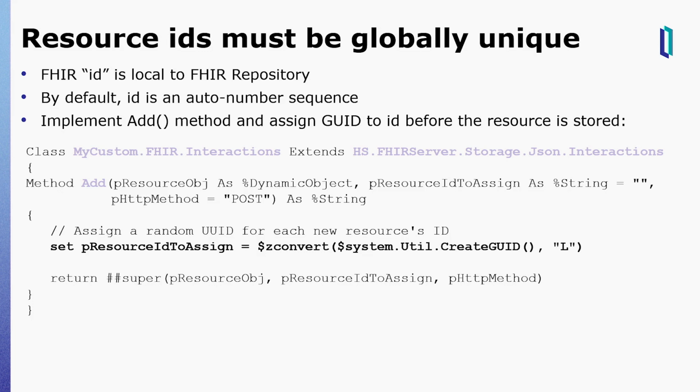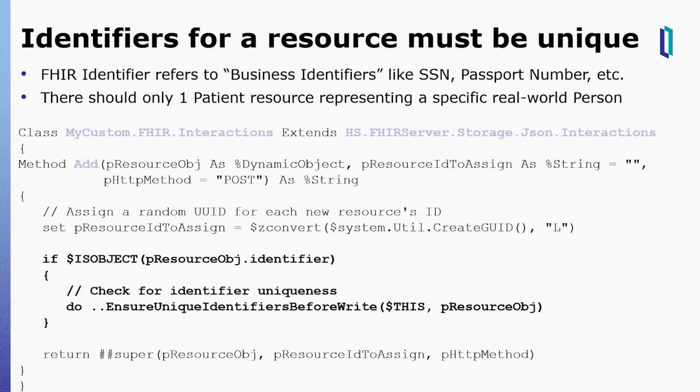And in the add method, you can just populate the pResourceIdToAssign parameter with anything that is unique. In this case, we're picking a new GUID and turn it to lowercase. Then next, you have to call the superclass to actually do the work through ##super. I'm not going to demonstrate it right away. That will be done after we have looked at the second part, which is identifiers and uniqueness.